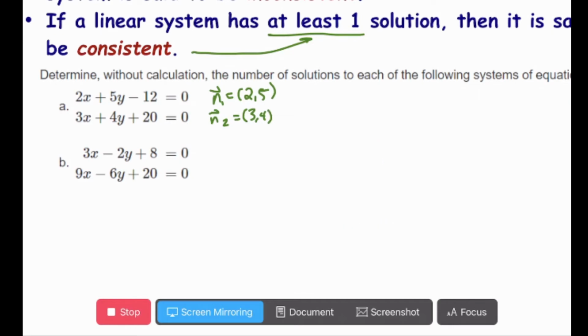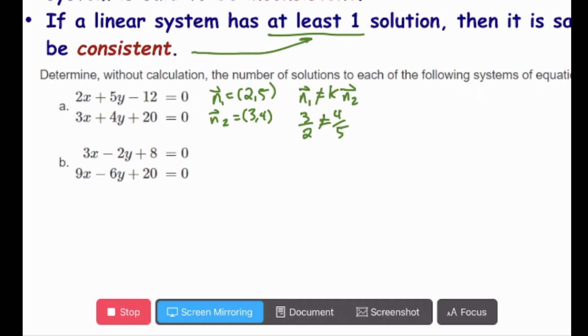I want to know, is n1 a scalar multiple of n2? We can probably see right away, but let's do our test. So I'm going to have 3 over 2 equal to 4 over 5. Are those equal? No, we can see right away that they are not equal. So therefore, these are not parallel.